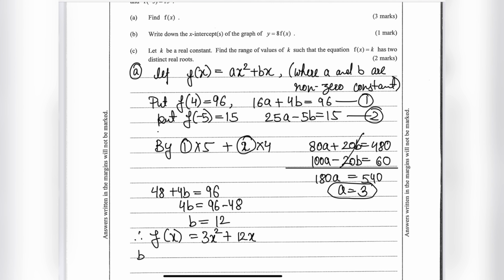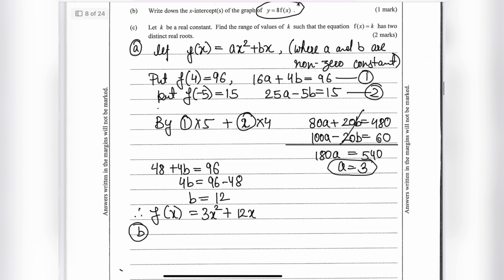Now for the next part, write down the x-intercepts when the graph y is equal to 8 times f(x). They are saying write down the x-intercepts of the graph.